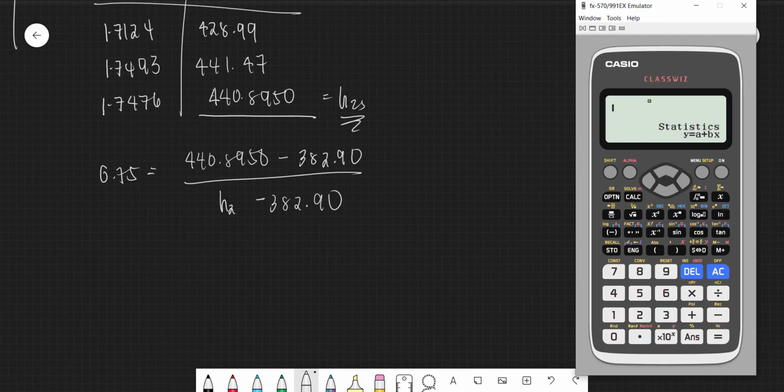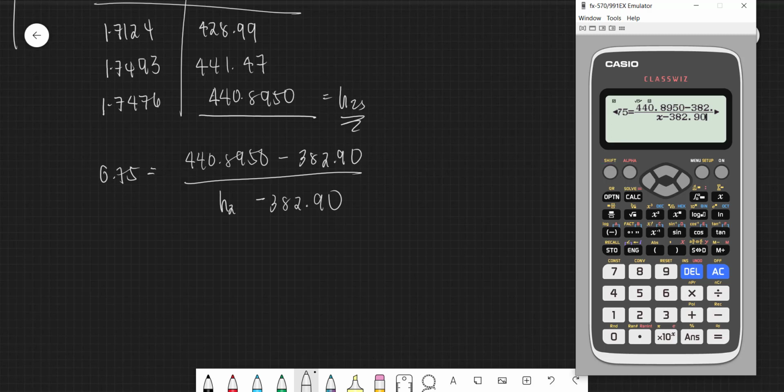Going back to our calculator, select menu, press 1 to go back to our original calculator mode, and then input the following values. Now in this case, I'm gonna let H2 be equal to X, para gagamitin na lang natin ang technique na shift solve minus 382.90.